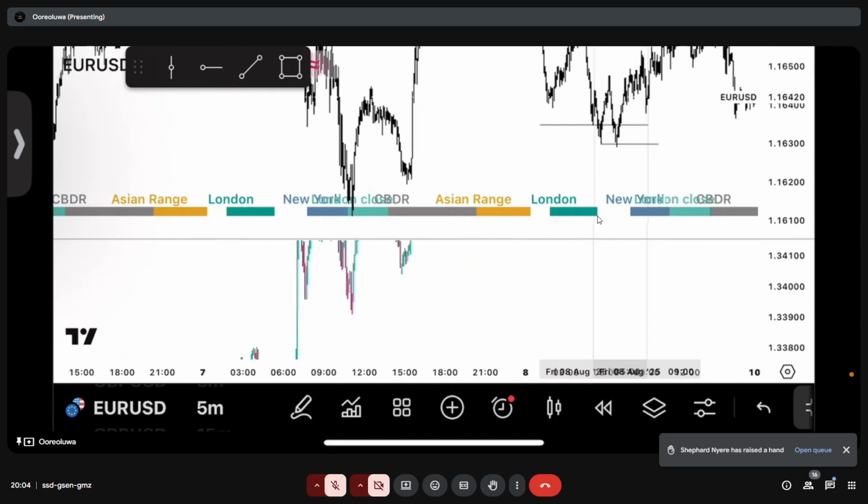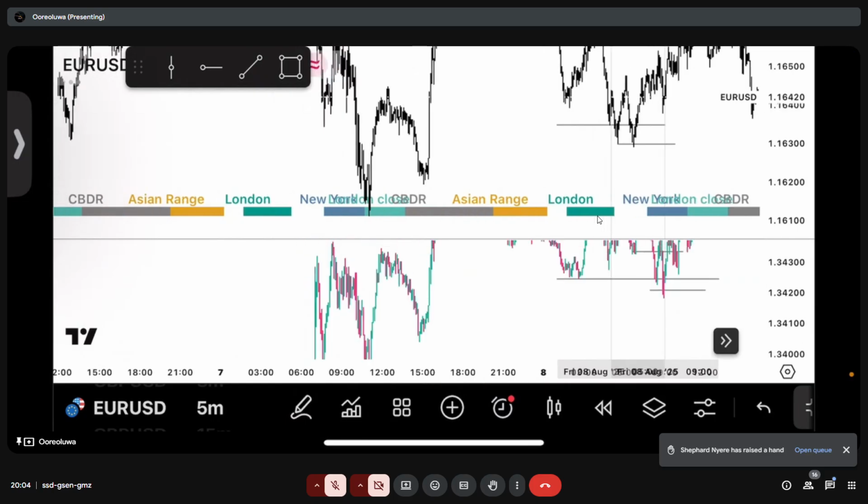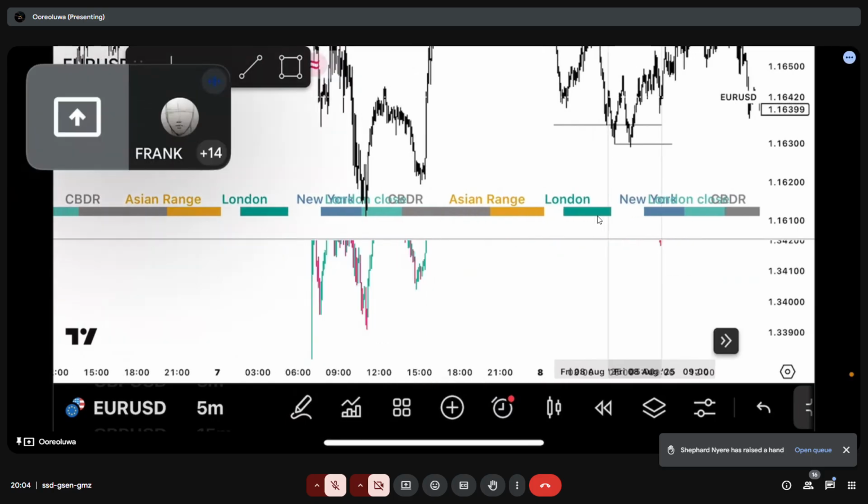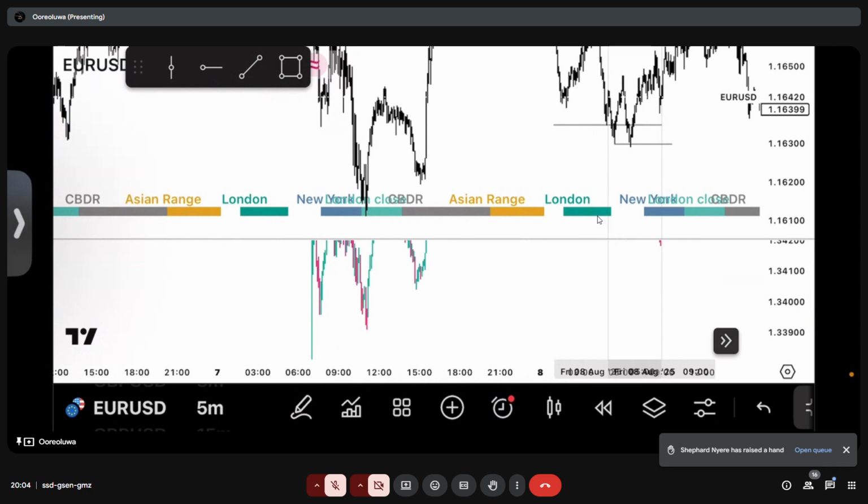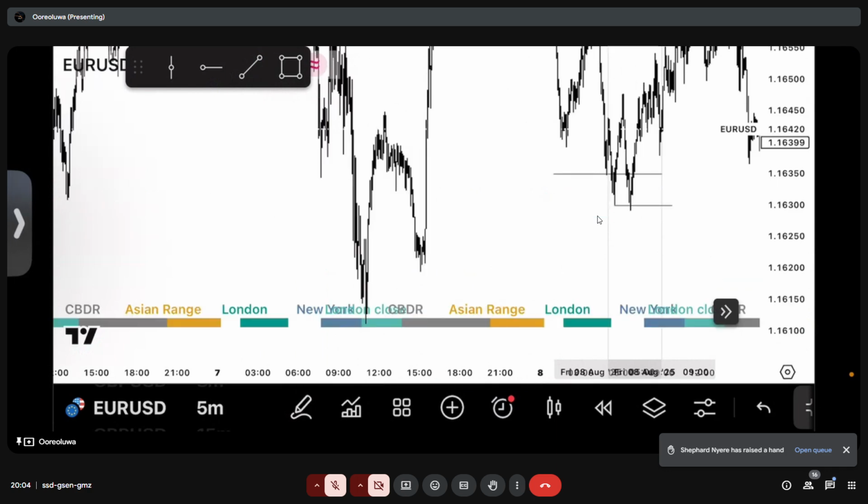But bro, at least, I have a question. I don't know how to put it. When you say weak below and close below, there's something I really want help with. When you first mark the previous candle, that must be swept or close below.